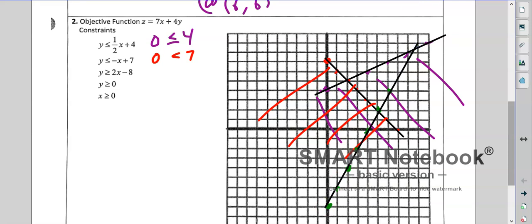And I'm going to plug in 0, 0 again. 0 is greater than negative 8. That's a true statement. So 0, 0 is here. I'm going to shade this way.